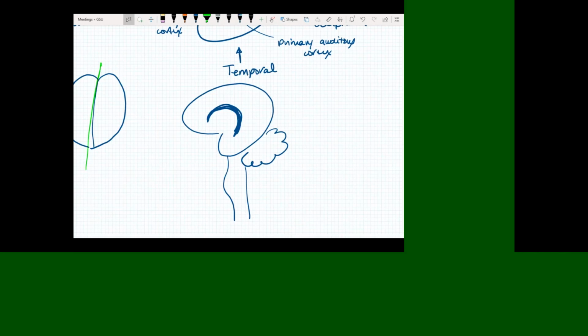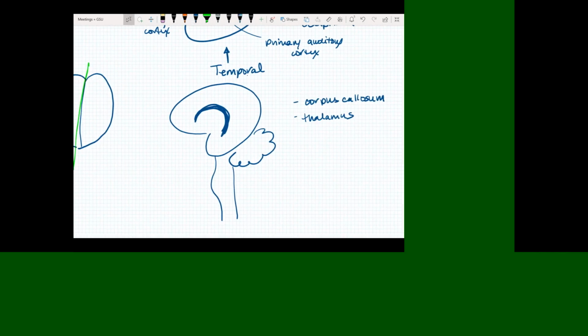There's some structures that I want you to be able to find at this perspective. Understand where the corpus callosum is and identify that structure. The thalamus, which is a deep internal structure, that's the integration of all of our sensory information.